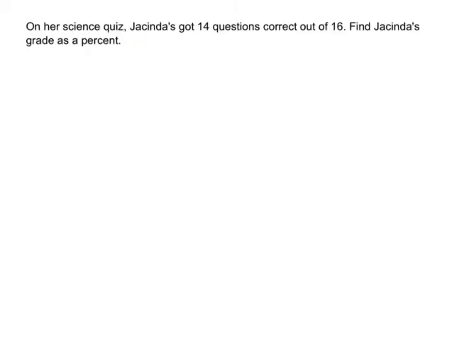On her science quiz, Jacinda got 14 questions out of 16 correct. Find what her grade is as a percent. We know that we could set up a proportion: if she got 14 correct out of 16, how many would that be correct if I wanted to say I have 100? I'm going to use my same strategy as my last one.